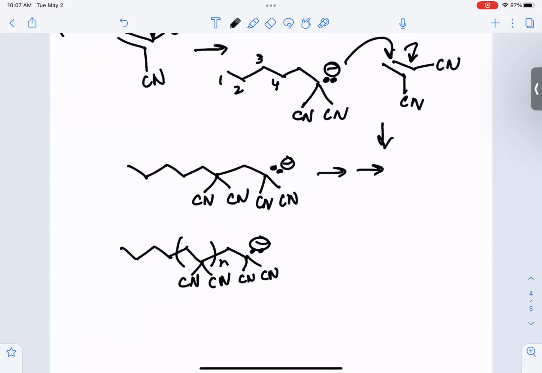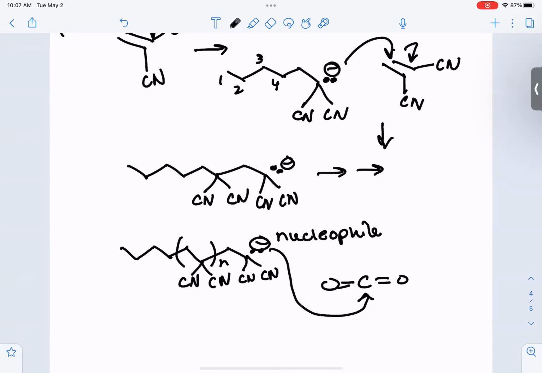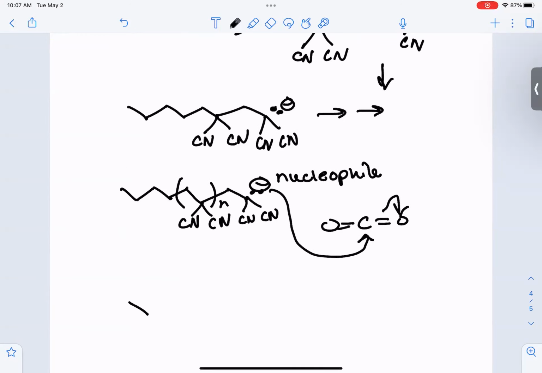And we have our repeating subunit. This anion is a nucleophile that when we add carbon dioxide, you have that, and then that last step, we protonate.